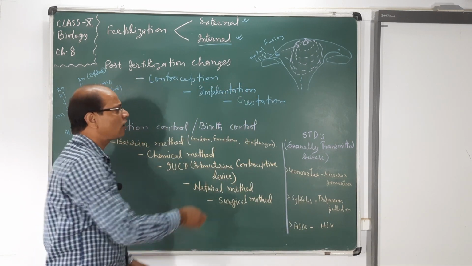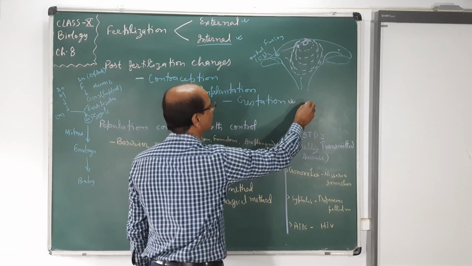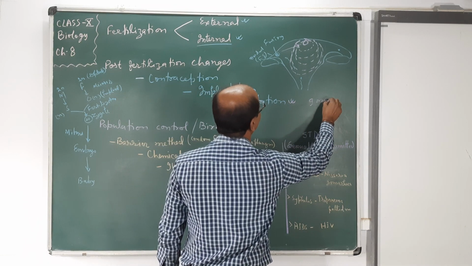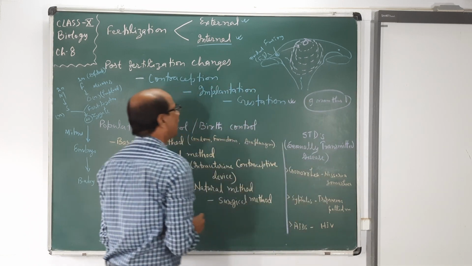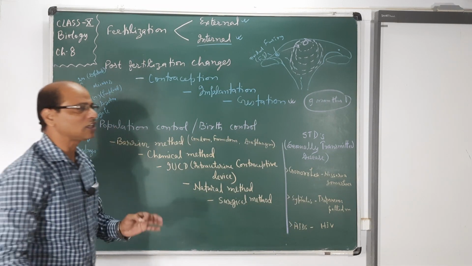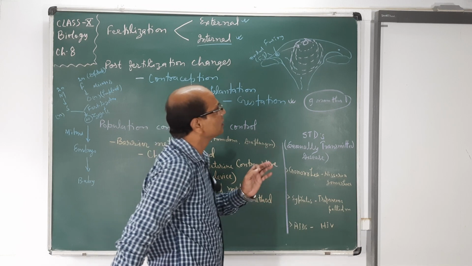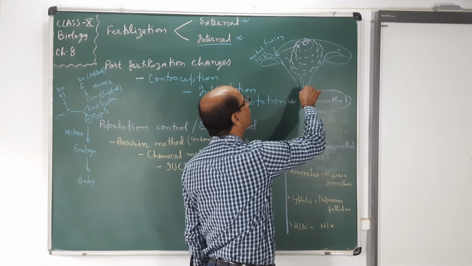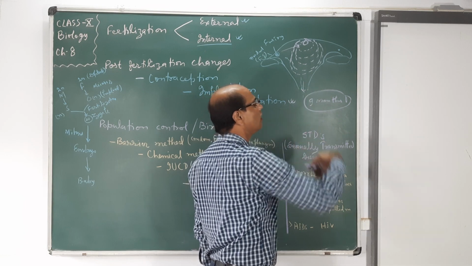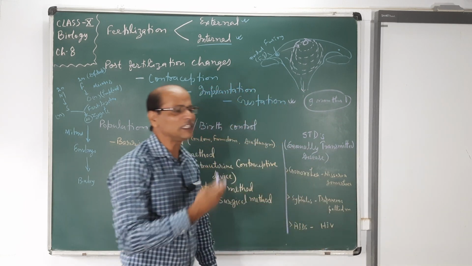So this is called the gestation period. Gestation period means 9 months, and after successful completion of the gestation period, the baby will come out from the body through the cervical opening.